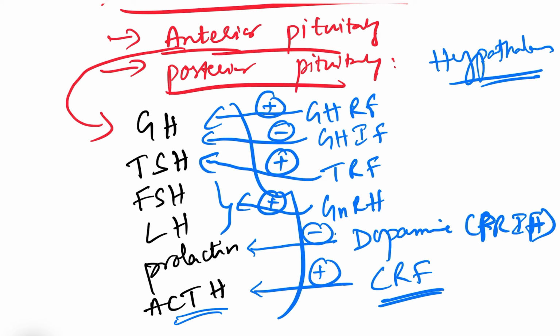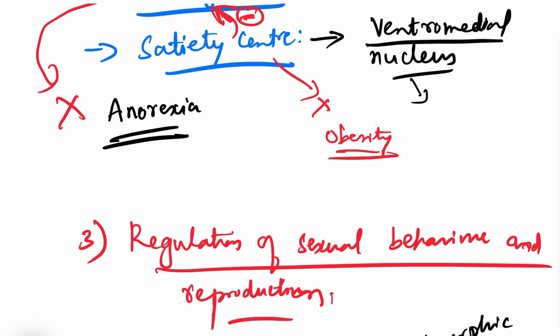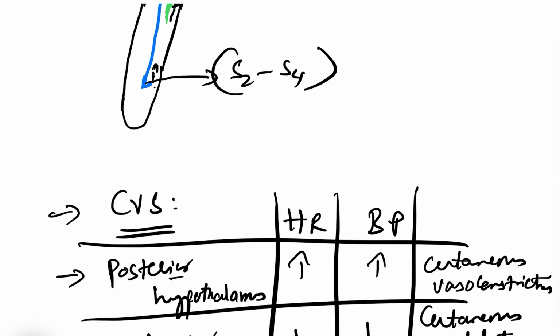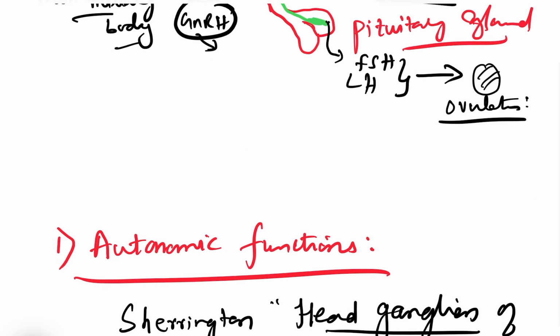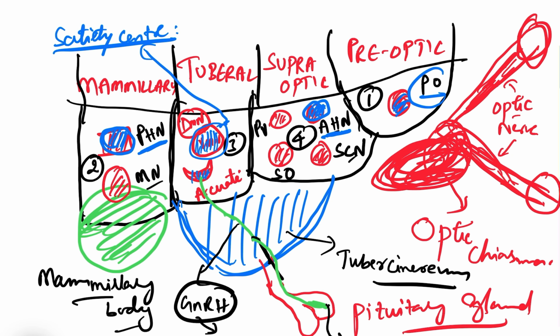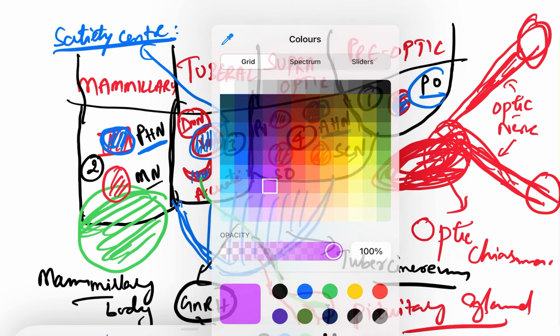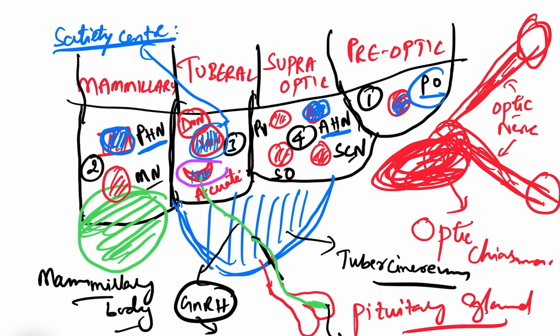So from where are these hypothalamic hormones released? All these controlling hormones are released from the arcuate nucleus. Where is this arcuate nucleus present? Here you can see this arcuate nucleus, it is present in the tuberal region. Let me highlight it with some other color, with purple color I am highlighting this arcuate nucleus. You can see with this green color, it is going through this pathway, hypothalamo-hypophyseal.